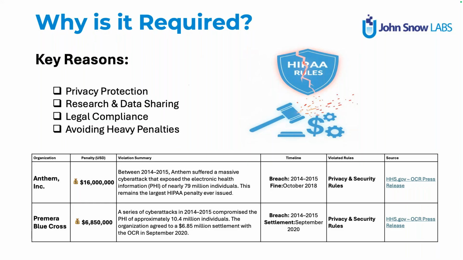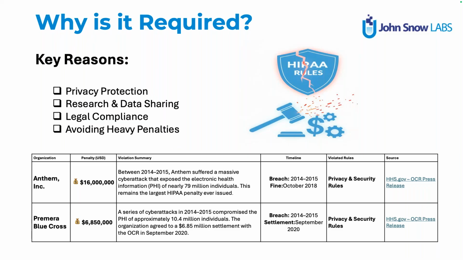Why is it required? Key reasons: privacy protection. Removing identifiers reduces the risk of re-identification and protects patient confidentiality. Research and data sharing enables HIPAA-covered entities to use health data in comparative effectiveness studies, clinical trials, life science research, and multi-center collaborations without patient authorization.